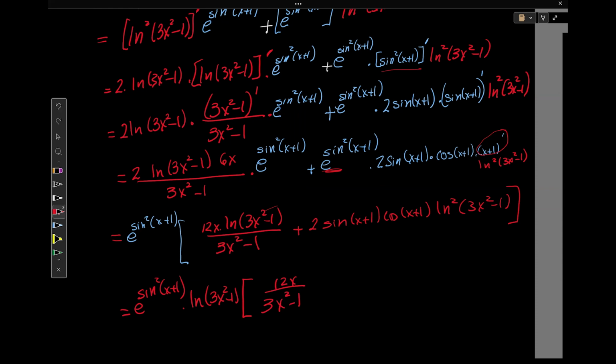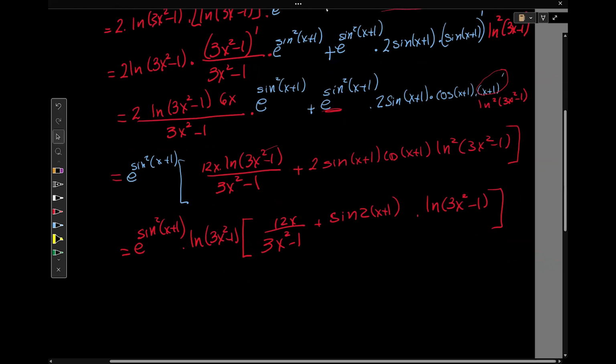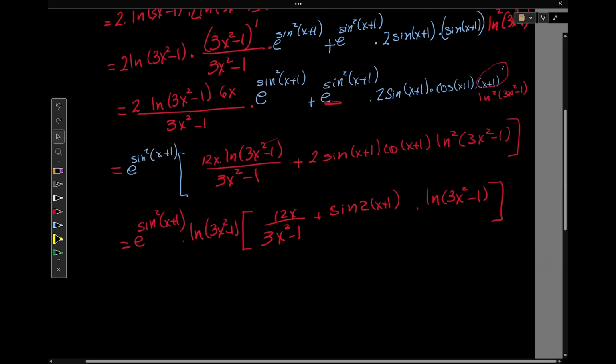Here, 2 sine of something, cosine of something. That is the sine of 2x plus 1. And the ln of 3x squared minus 1, because I factored one of the ln's out. Now, unless I made a mistake, this is it.